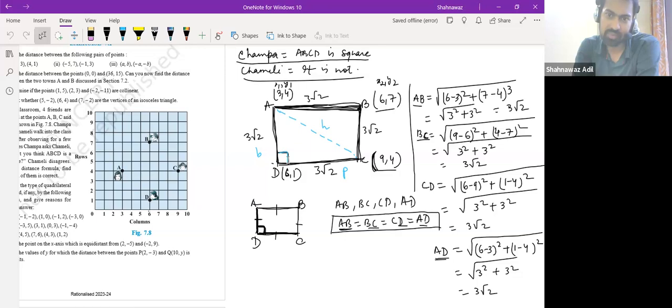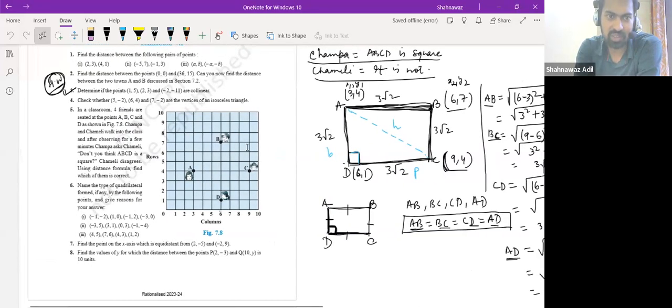Oh, okay. So we needed to prove that ABCD is a square. We needed to prove that all sides are equal and one of the angles is 90 degrees. If one angle is 90 degrees, then all angles are 90. Right. Then we were doing this fifth question, Tala.